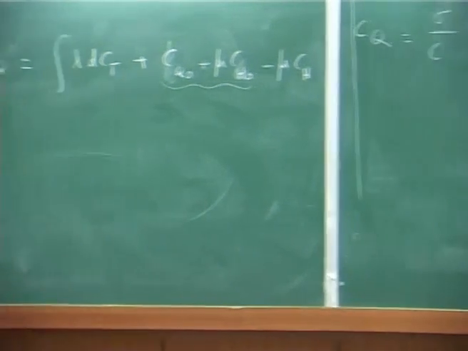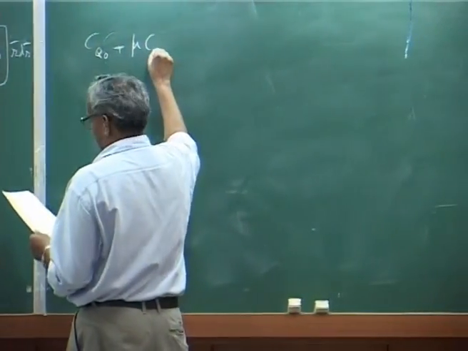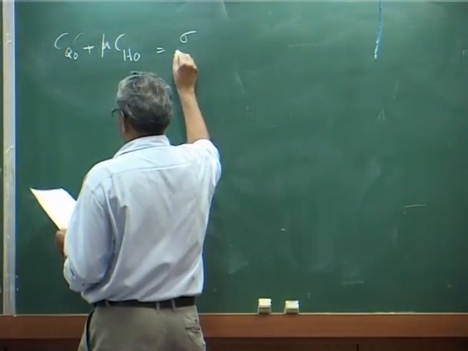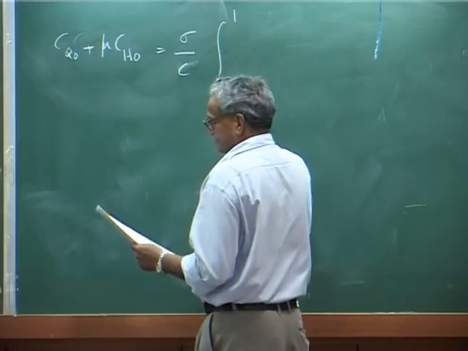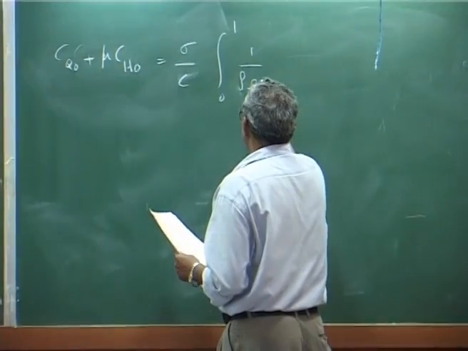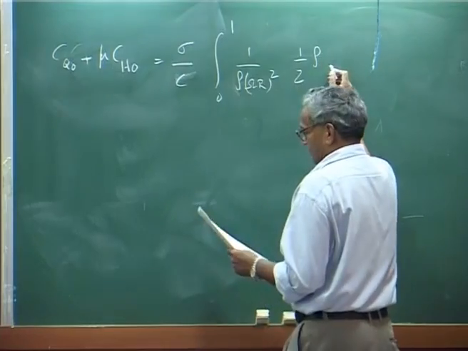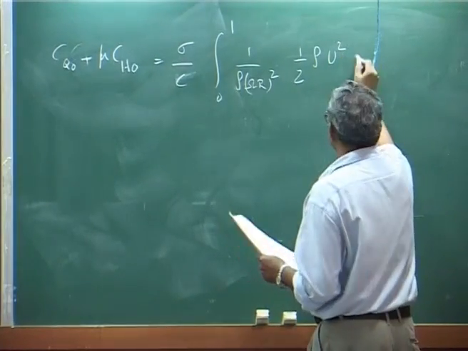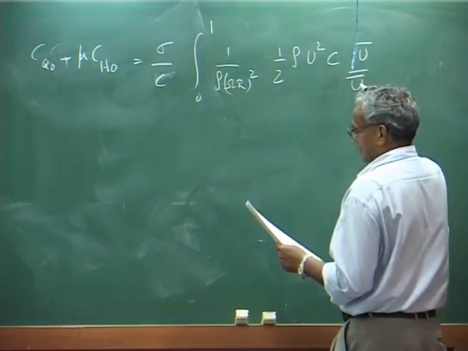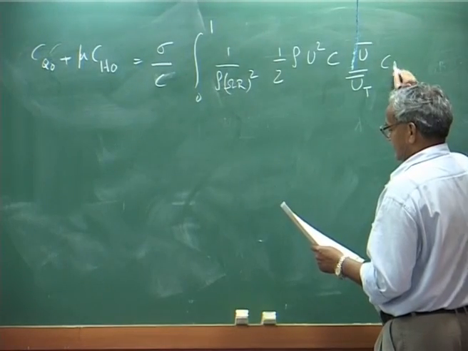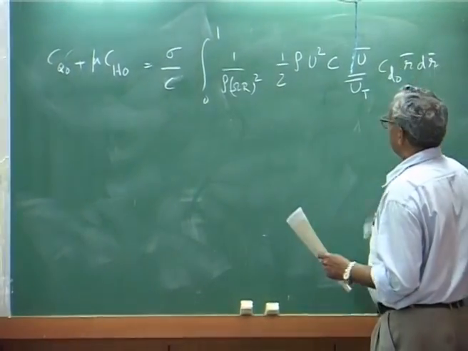You will have C_Q0 plus, this is sigma over C, 0 to 1, omega r square, half rho U square C, you got U bar over U_T bar, C_d, dr bar, dr bar, C_d0, sorry.